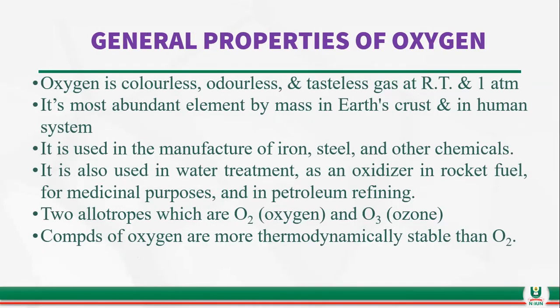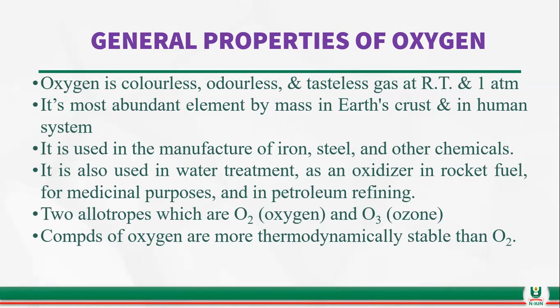General properties of oxygen. Oxygen is a colorless, odorless, and tasteless gas at room temperature and at 1 atmospheric pressure. It's the most abundant element by mass. You remember we were talking the other time that nitrogen is the most abundant element.